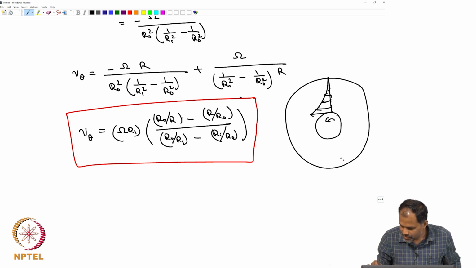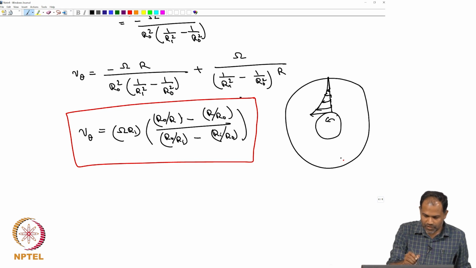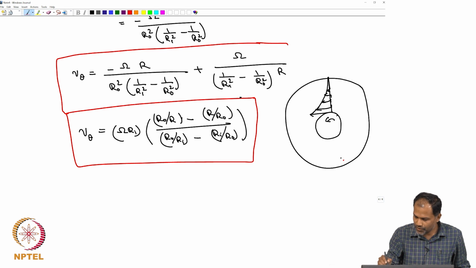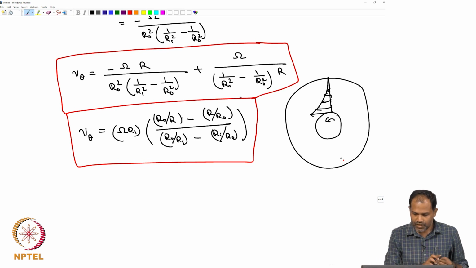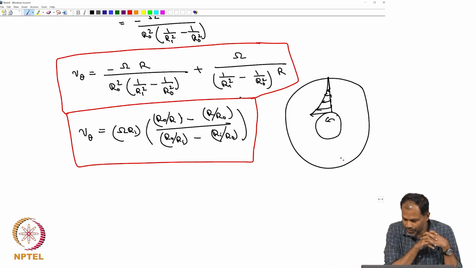You have to plot it and see. Okay, but that's what the velocity profile is going to be. Let me just box that. That's the expression. You don't need to remember anything. It's just the information that you get when you solve the cylindrical problem.